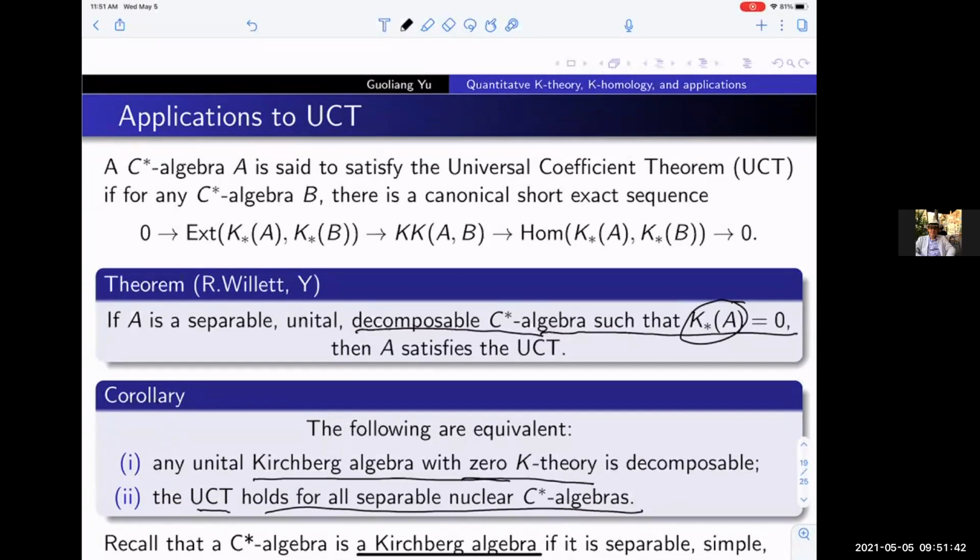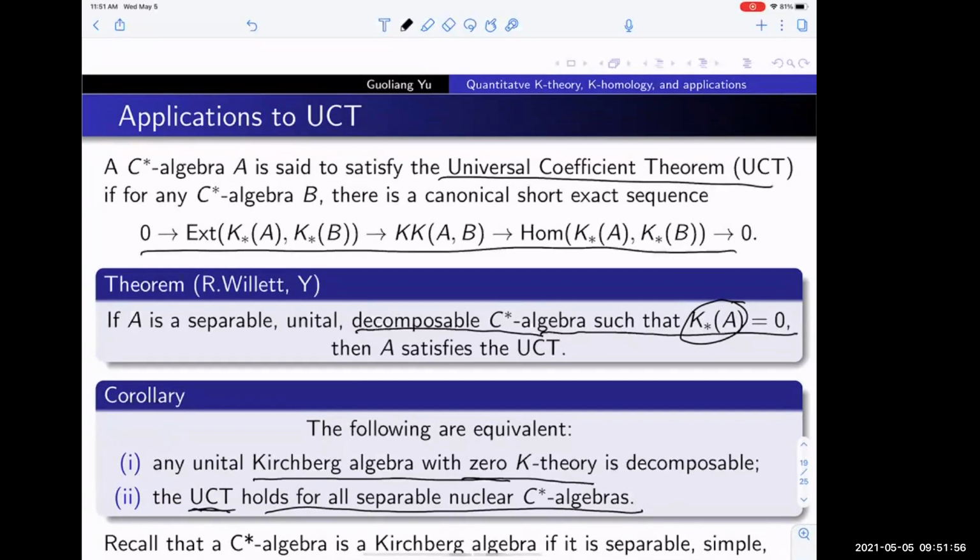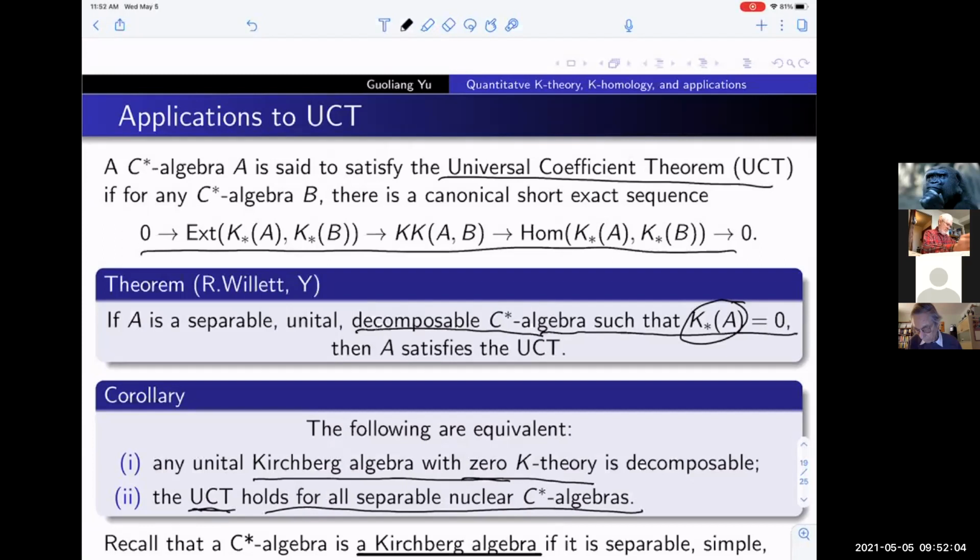So the condition we give sounds very special, but it is just for the so-called UCT. The reason we are interested in UCT is that it plays a central role in recent progress in George's classification project.